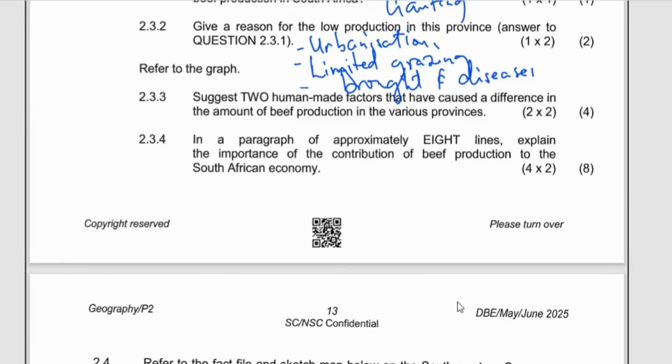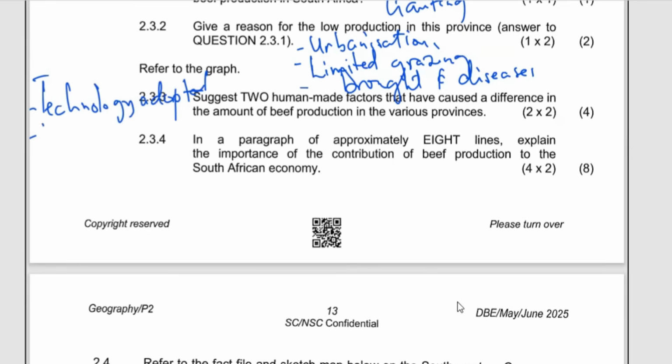Right, some provinces have got high production because of adoption of technology. They have now adopted new methods of agriculture which are more productive through the usage of technology. For that reason, they have got higher productivity in terms of beef production.